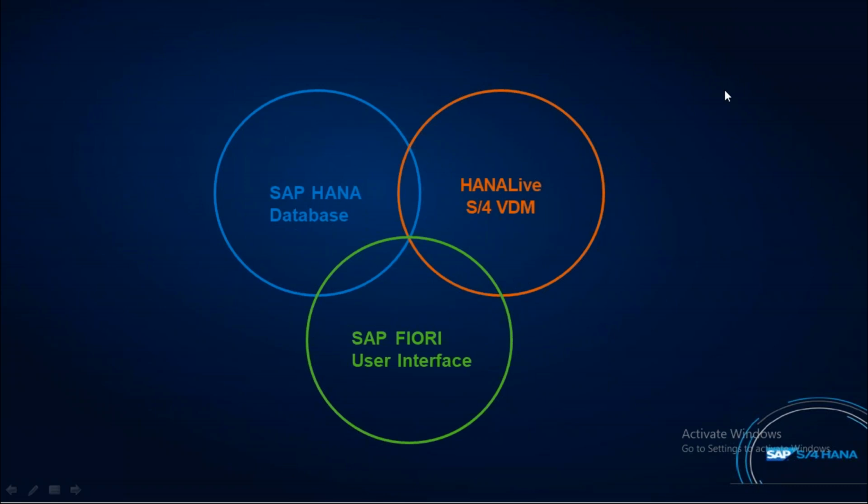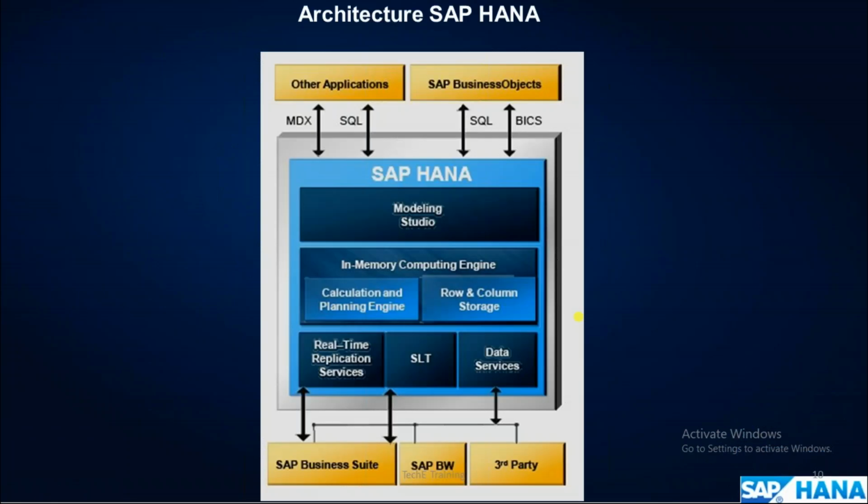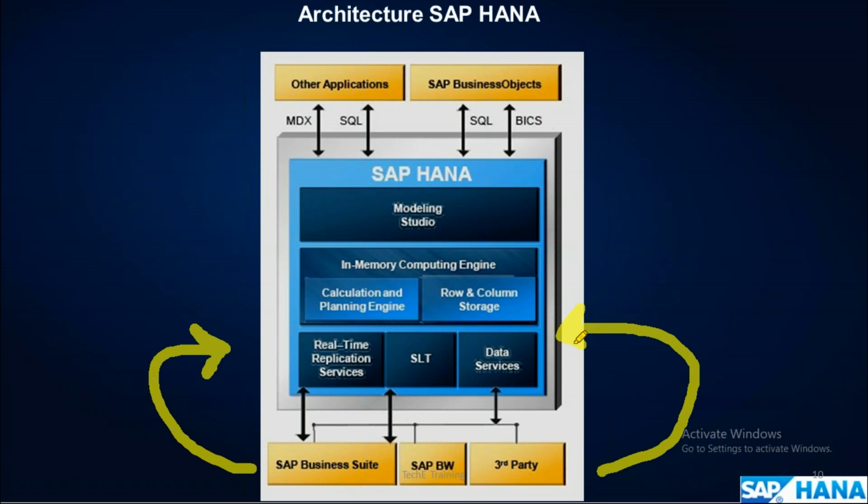Okay, all good. So let us go over to the architecture of the SAP HANA so that we are able to visualize the different layers that are involved in the overall process for extracting or migrating or loading data from different SAP or other non-SAP systems into the HANA layer first.